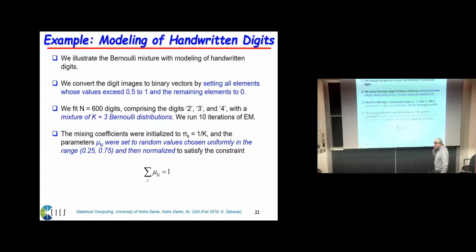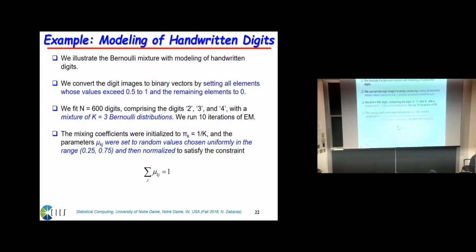If I ask each of you to write me 2s, 3s, and 4s with different variations, you would expect, with a mixture of 3 Bernoulli distributions, that maybe one will have a center at 2, another at 3, and another at 4, right? It makes sense.